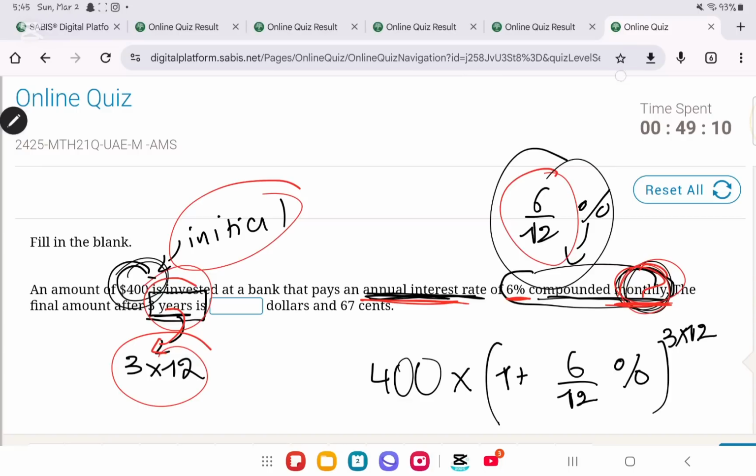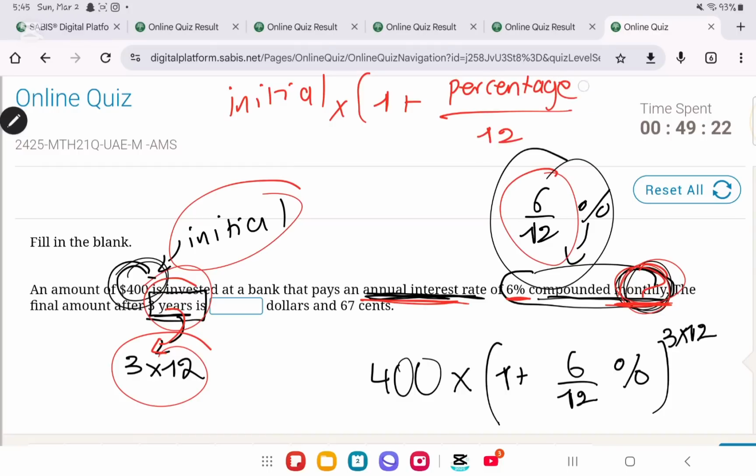So the equation for the monthly is very simply the initial multiplied by 1 plus the percentage over 12 to the power of the years times 12. Very simply, it's like this.